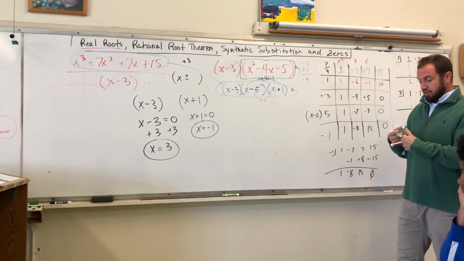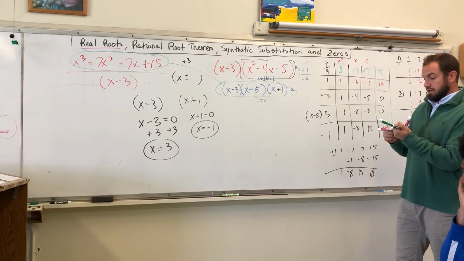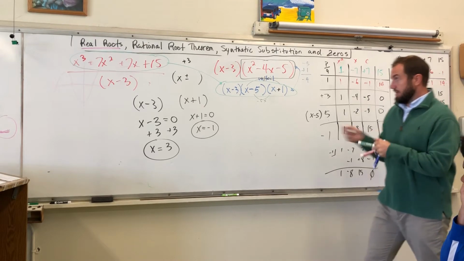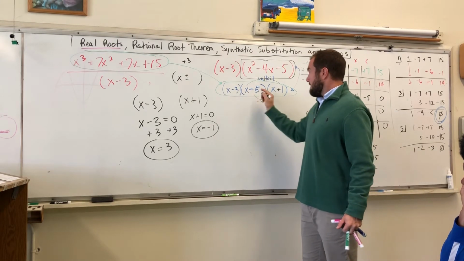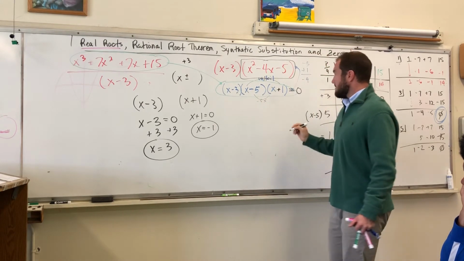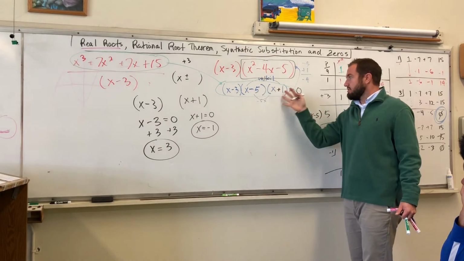And what it gives me the ability to do is find all my roots, meaning if I set this equal to 0, if I make any of these parentheses 0, 0 times whatever these is still going to be 0.